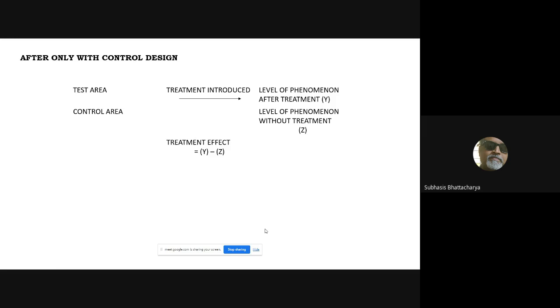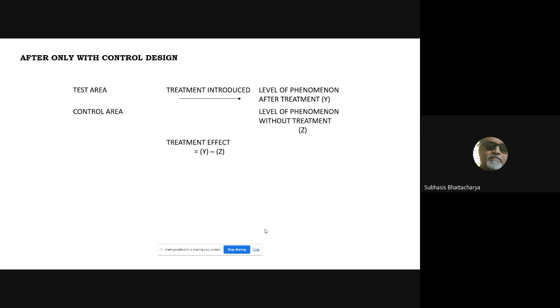Then the dependent variable is measured for both areas at the same time. Treatment impact is assessed by subtracting the value of the dependent variable in the control area from the value in the test area. That means there are two groups: one is the treatment group, another is the control group. One is the test area, another is the non-test area, that is the control area.